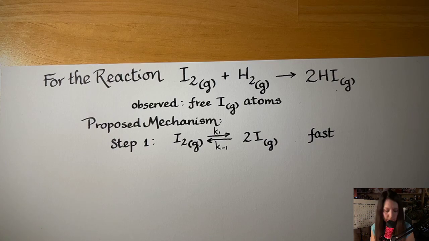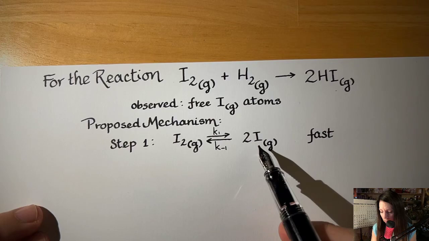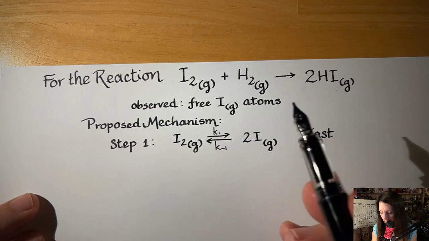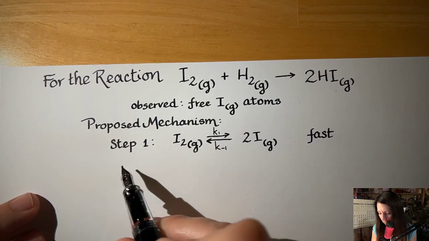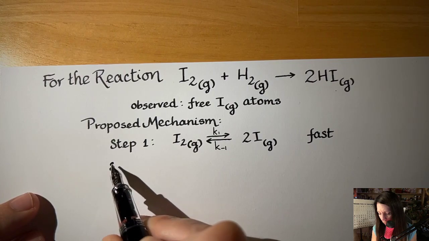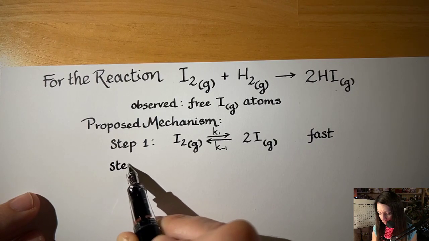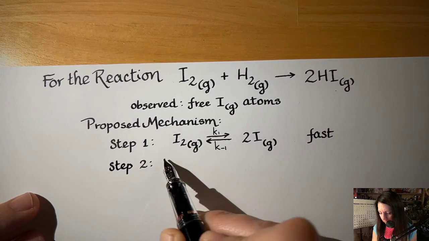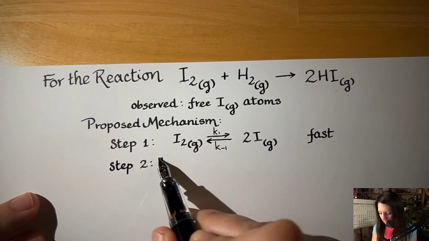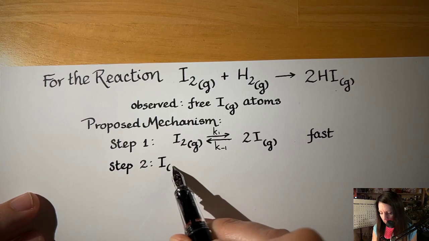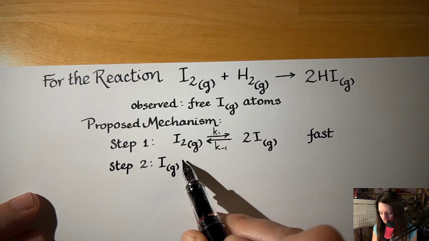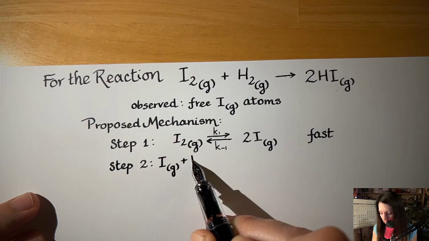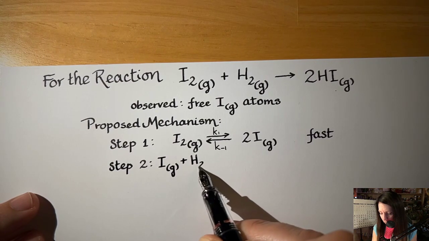Okay, then what happens? So next, one of these iodine atoms can collide with a hydrogen molecule. All right, so here is a gas phase iodine atom colliding with a hydrogen molecule.